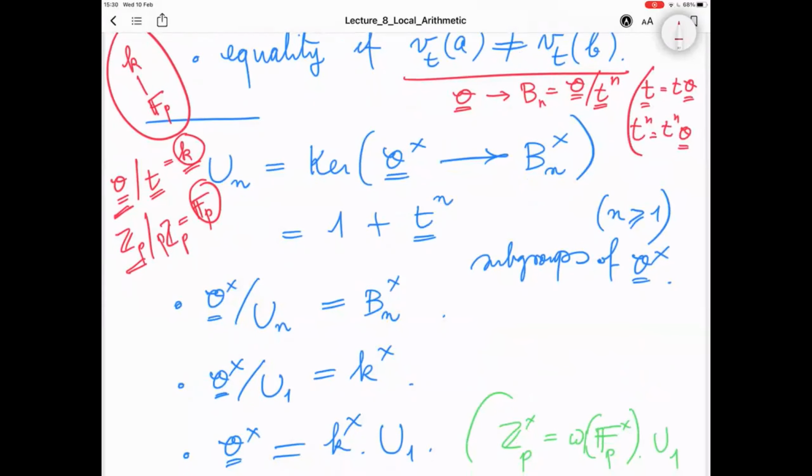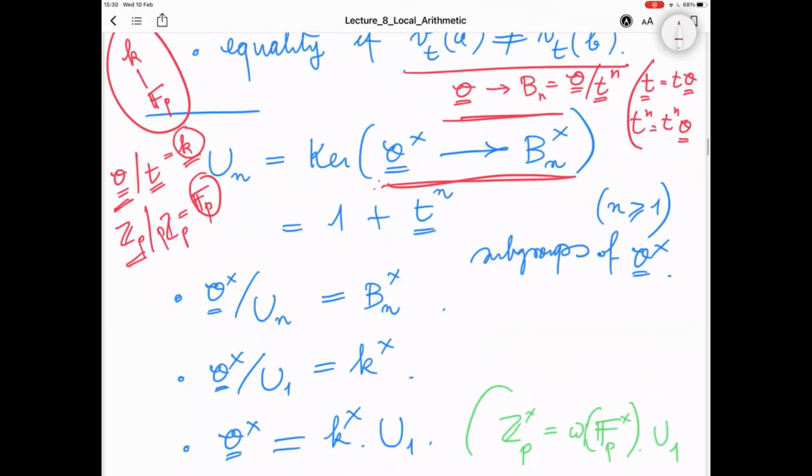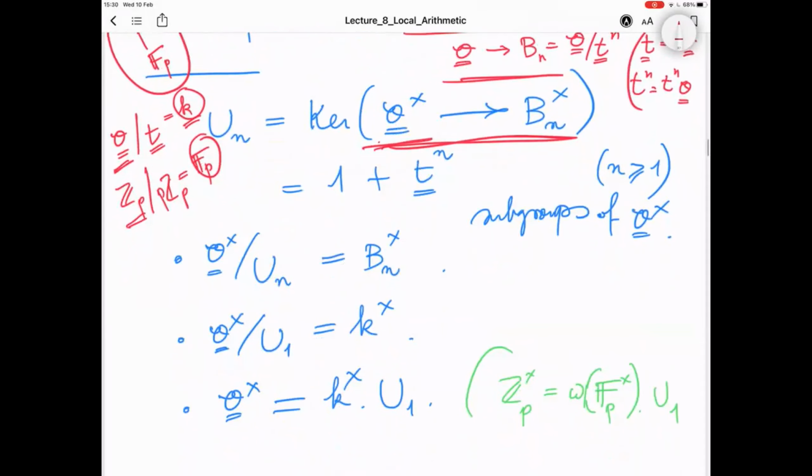And this homomorphism of rings gives you this homomorphism of groups from the units of O to the units of the ring B_n, or the multiplicative group of the ring O to the multiplicative group here. So you can check that this is surjective, and I'm calling the kernel U_n. So what is it?